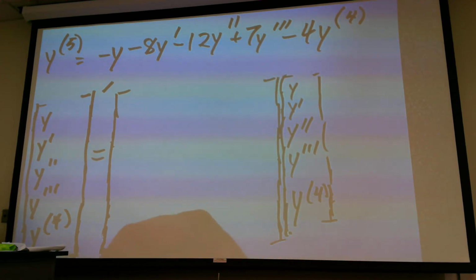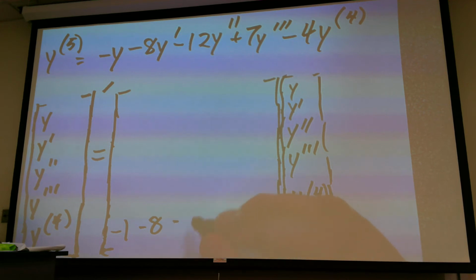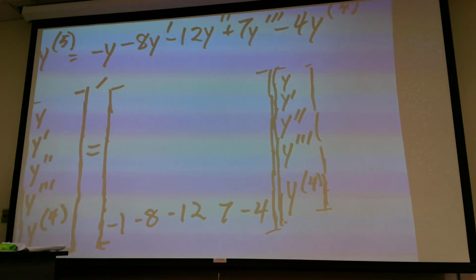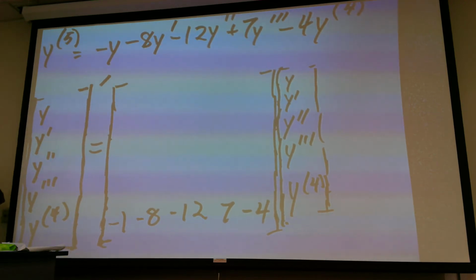So the fifth derivative equals negative 1, negative 8, negative 12, and then 7, and negative 4. So that's that equation up there.